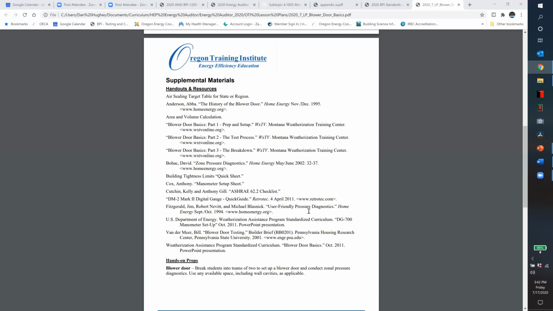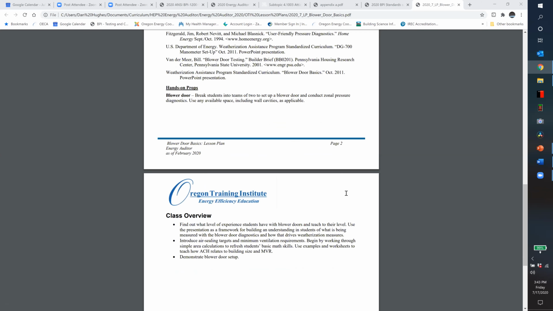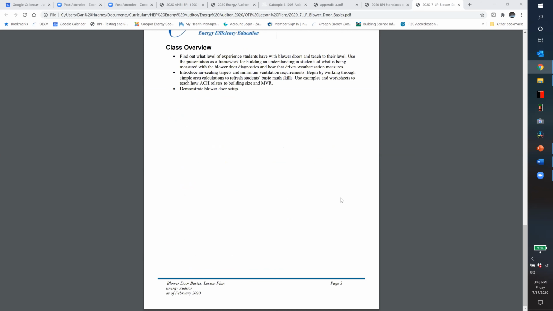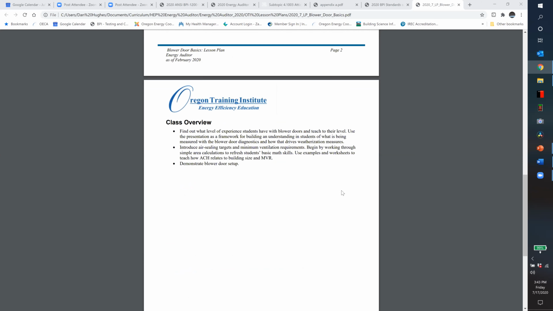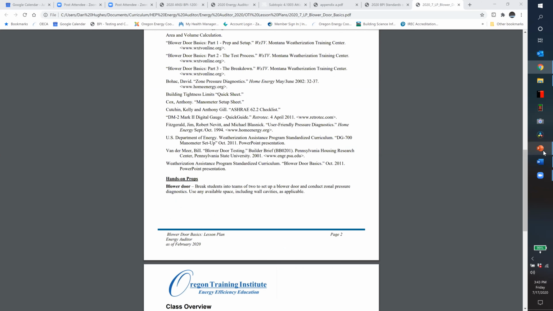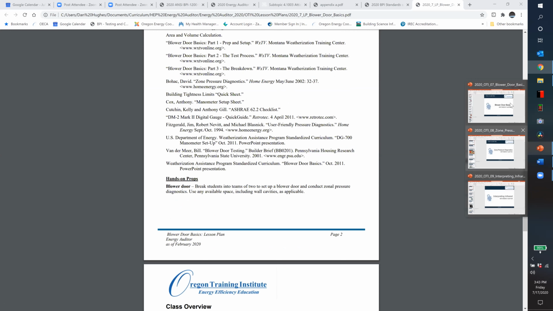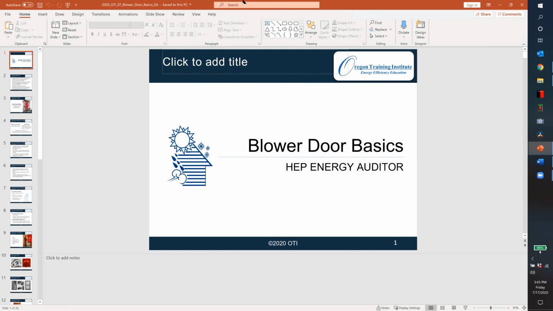They've got a couple series here, and they have the links also in these supplemental materials for blower door basics. They spend about an hour going in full detail on that blower door. But I know most of you are doing blower door already, so I won't dwell on that more than we need to, but make sure that you got some of these finer points for when it comes time for the exam.